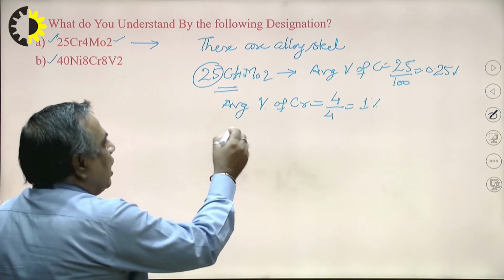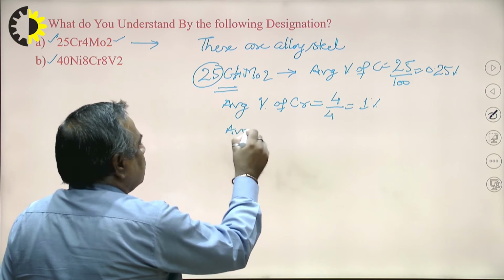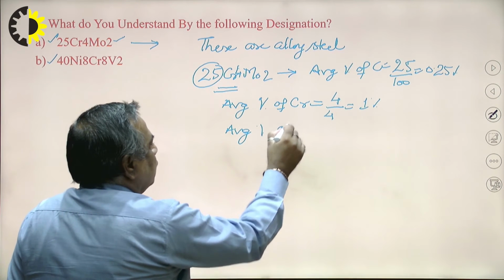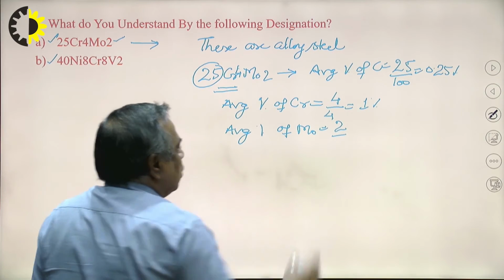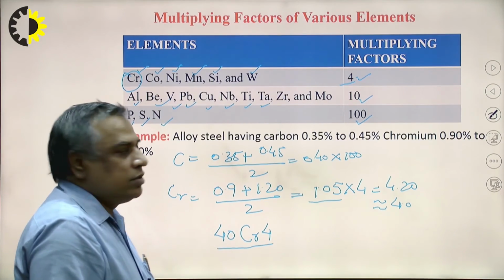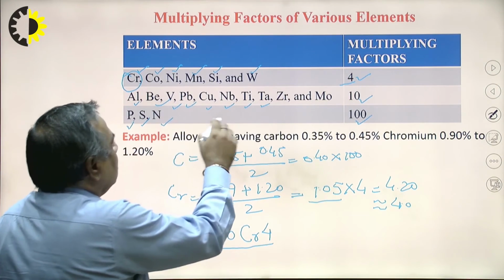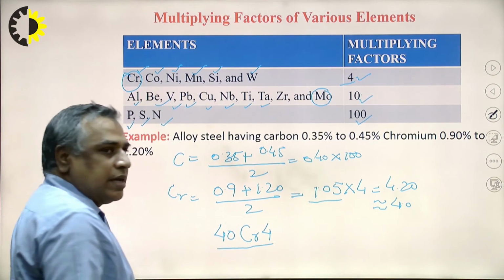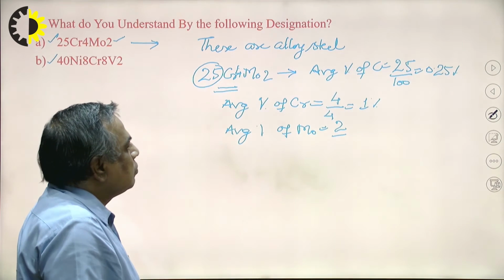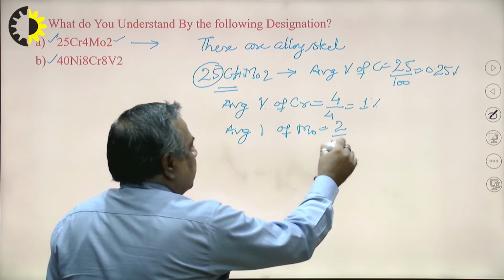Then the average percentage of molybdenum, this is 2. And if you refer to this table for molybdenum, the multiplying factor is 10, so it will be 2 by 10, which is 0.2.